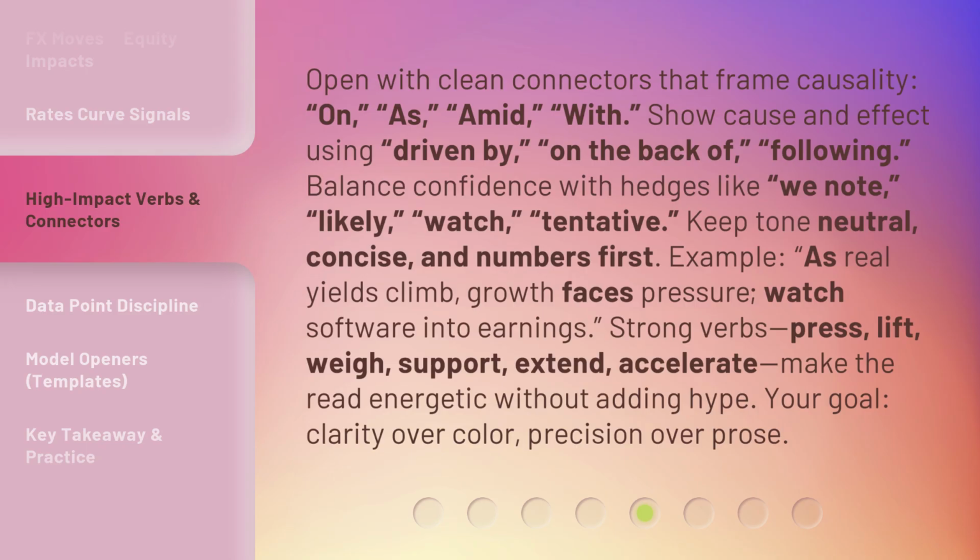Example: as real yields climb, growth faces pressure. Watch software into earnings. Strong verbs: press, lift, weigh, support, extend, accelerate. Make the read energetic without adding hype. Your goal: clarity over color, precision over prose.